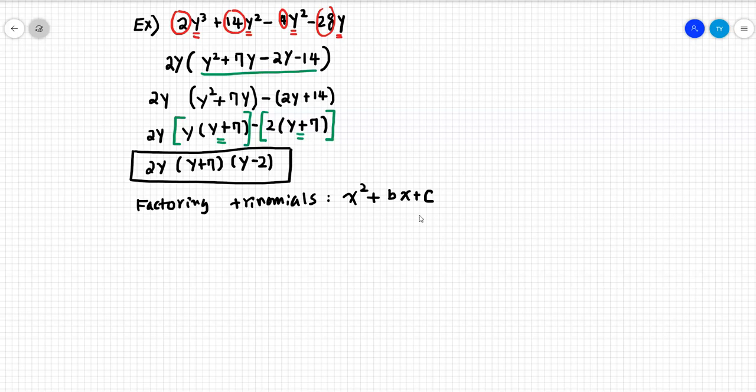All right. So what we're going to do here is that we have any type of x squared plus bx plus c. If you have anything like that, I'm going to show you an example in a minute. There are a lot of different ways we can do this, but I'm going to show my way. If you like it, then you can use this.